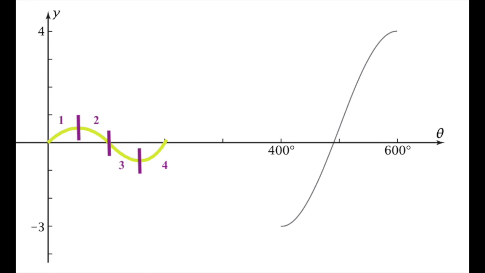And then 4 and 3 are also reflections. Really, you only need a quarter of the entire sinusoidal period in order to be able to figure out what it is you have and write an equation for it.